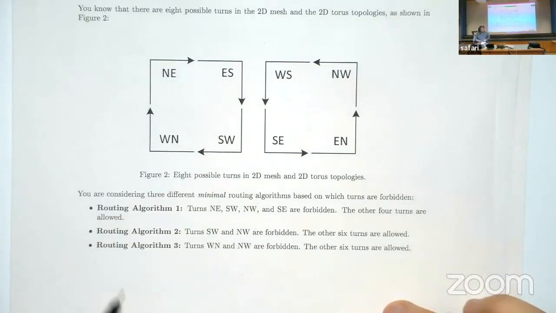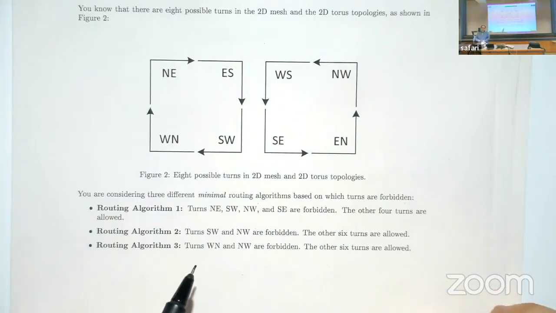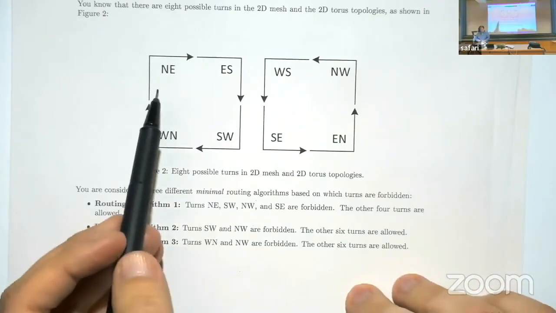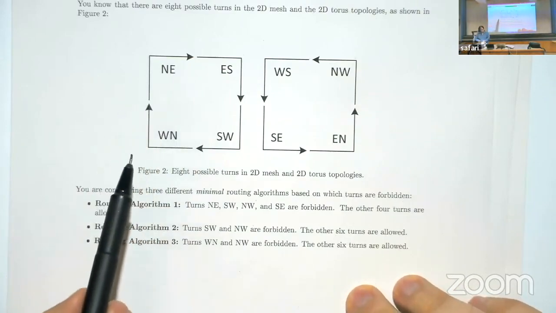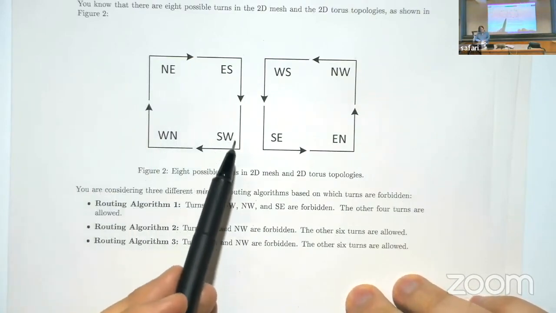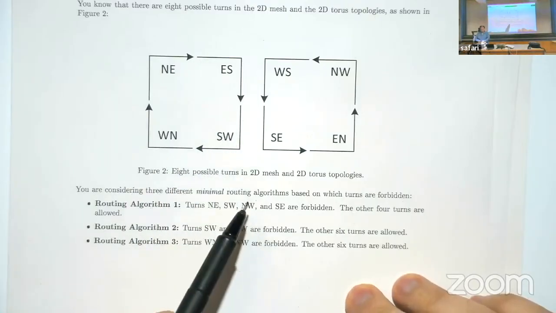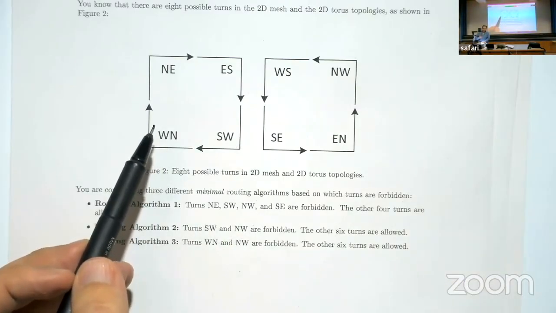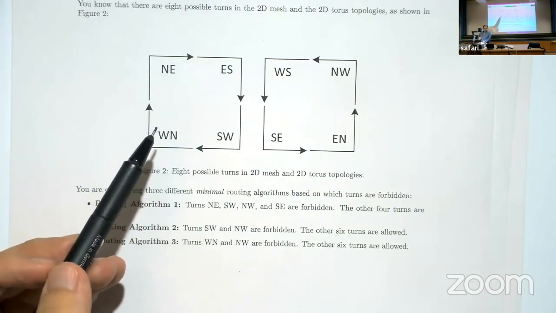So the easy way to understand this routing algorithm is to understand the basic concept of this routing. When we don't have the north-east turn, and when we don't have, let's say, south-west, it means that it's impossible that we go in the Y direction and then turn to X, right?